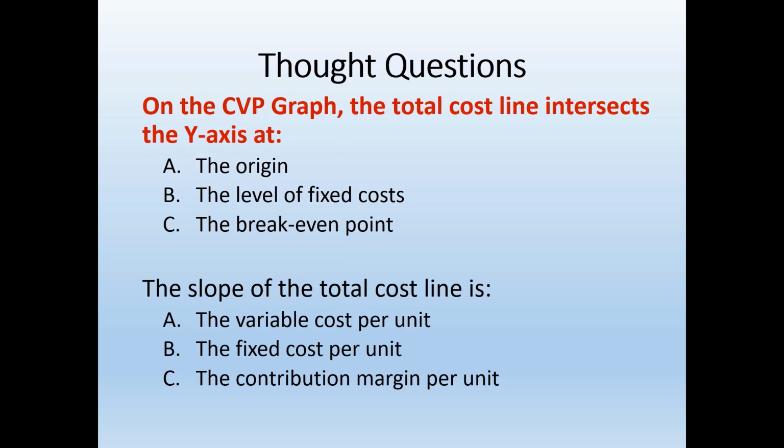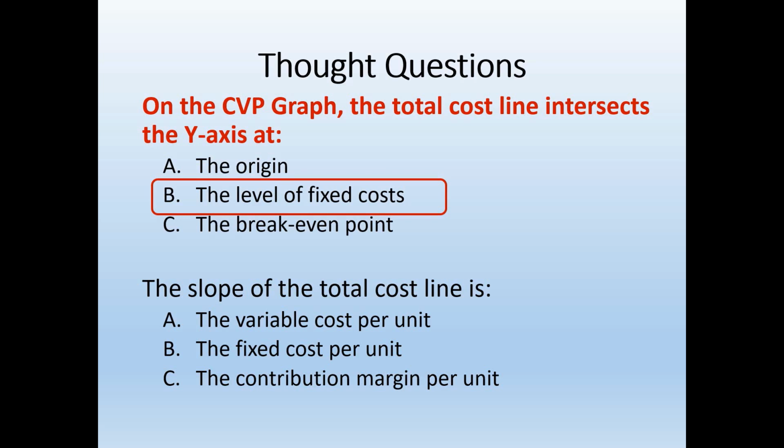On the graph, the total cost line intersects the y-axis where? At the origin, at the level of fixed costs, or at the break-even point? Right. The total cost line hits the y-axis at the fixed cost level.